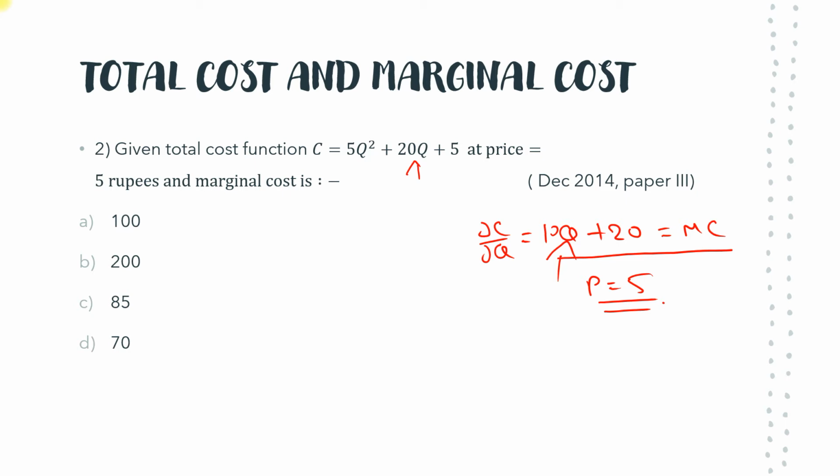Even if you try, you will get a different answer and the answer wouldn't match here. So this question is wrong. This question from the December 2014 paper 3 is wrong. So whichever answer you mark, you will be getting marks for this question in exams.